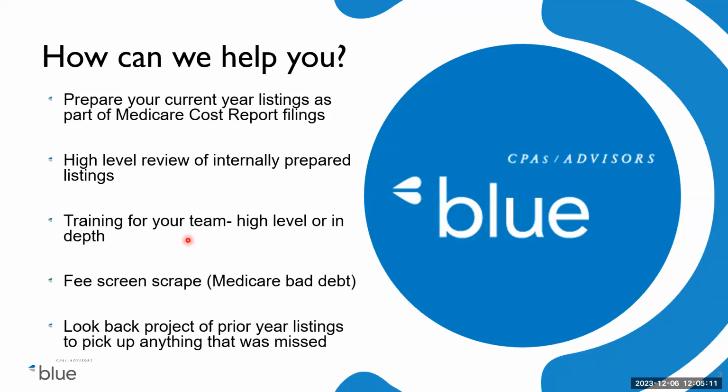We can also do a training for your team, either high level or in depth. When it comes to Medicare bad debt, you cannot claim fee screens, so we can help you pull those off. And then we also can do a look back project. That is looking at prior year cost reports and updating your listings, trying to pick up additional reimbursement for those years that might have been missed.